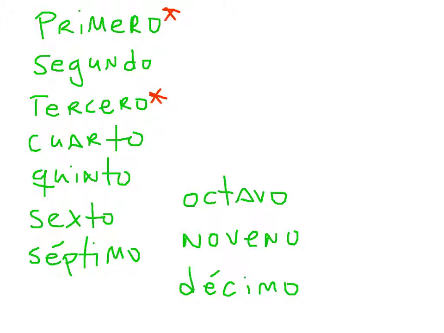Okay? So here's the important point to remember. When 1st and 3rd precede a masculine singular noun, let's just say for the sake of argument we use the word el mes, as in the month. If we're going to say the 1st of the month, or the 3rd of the month, 3rd day of the month, the 1st month or the 3rd month, Spanish does something a little tricky that you have to pay attention to.